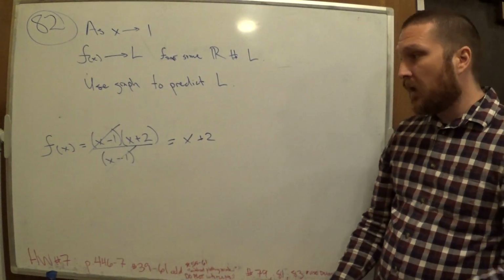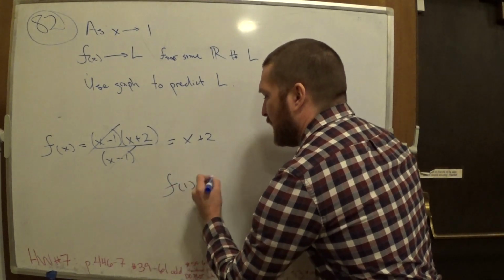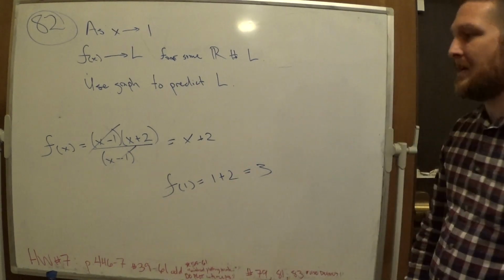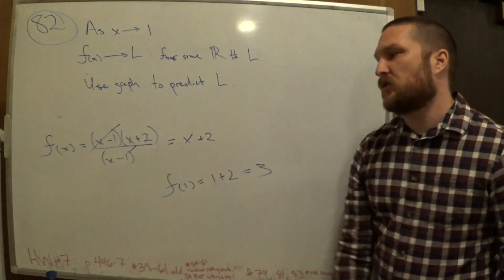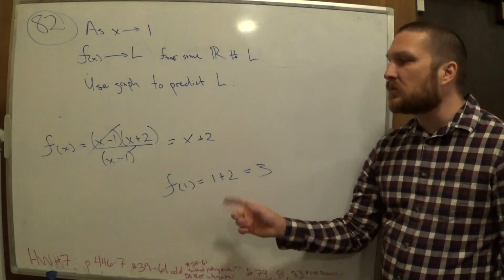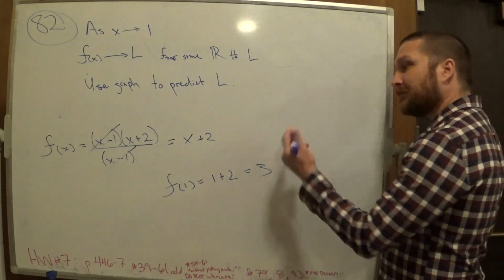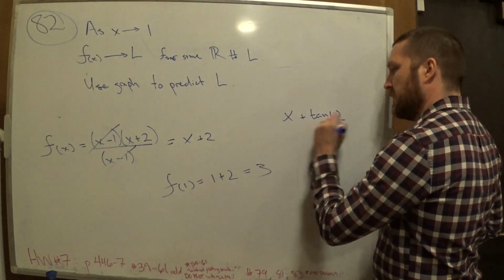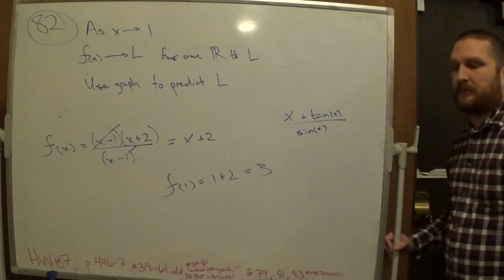But it turns out it's the same thing as 1 plus 2, which is the same thing as 3, if you cancel something out. The way it's written, you get division by 0, which is bad. But if there's something there to cancel out, then there's no problem. That's what's going on in here. This thing right here, it turns out there is something to cancel out.